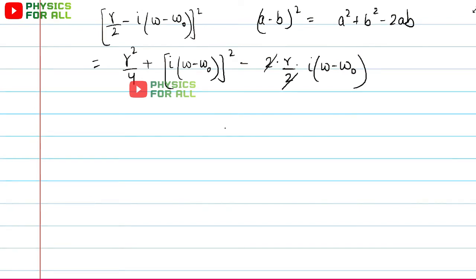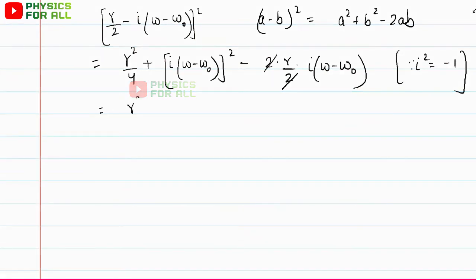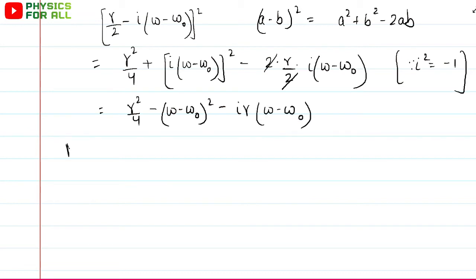The 2 gets cancelled. Now what is iota square? This is minus 1. We get gamma square by 4 minus (omega minus omega naught) whole square minus iota gamma (omega minus omega naught).